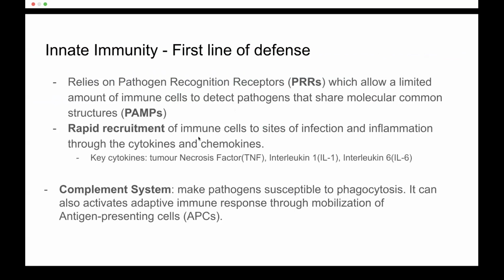So for our immune system, we have basically two separate immune systems. We have innate immunity and we have adaptive immunity. And then I'm gonna start with innate. That's like our first line of defense.